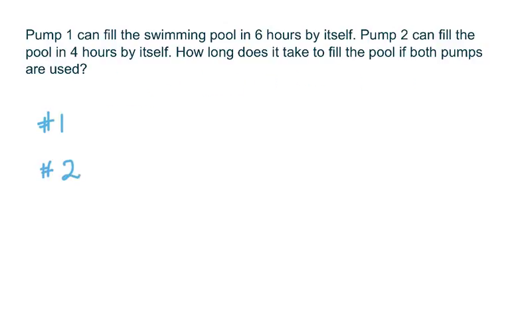I like to work with this equation: the work rate times the time equals the work done. So if pump 1 fills the pool in 6 hours, it fills 1/6 of the pool per hour, times 6 hours, you get one job done.